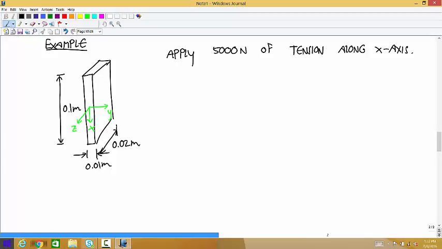Okay, so when the load is applied, we get a change in length along the x-axis of, let's see, of 3.0 times 10 to the minus 5 meters.